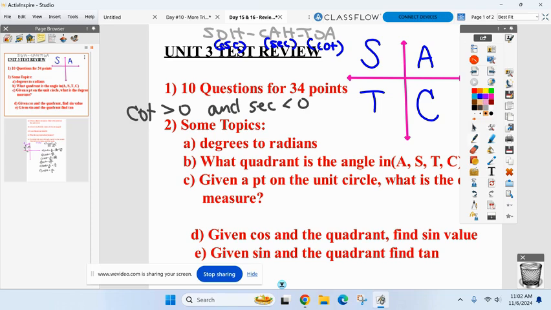Cotangent is greater than 0, and secant is less than 0. What quadrant am I in? Now, look, I know you don't like the new ones we did, but replace this with what? It's still the same thing. And replace this with? All right, so let's change this problem now. Where's tan positive and cosine negative at the same time? Quadrant 3. All right.